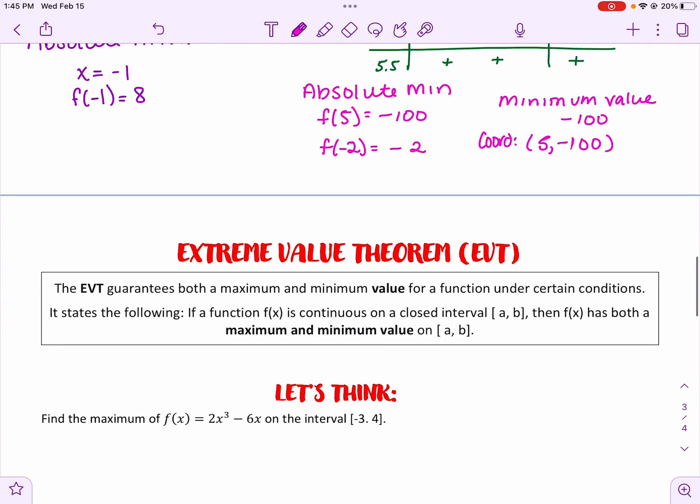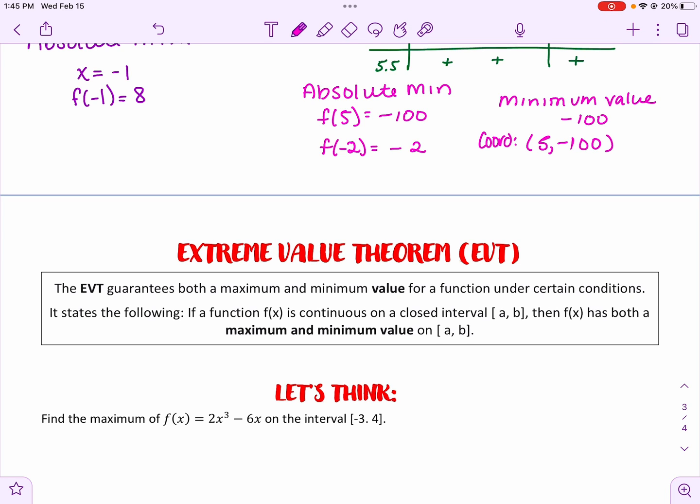So again, your EVT guarantees both a minimum and a maximum value for a function under certain conditions. It states if your function is continuous on a closed interval, so again, it has to hit A and it has to hit B, we have to include the endpoints, then f of x has both a maximum and a minimum value on the interval A to B.